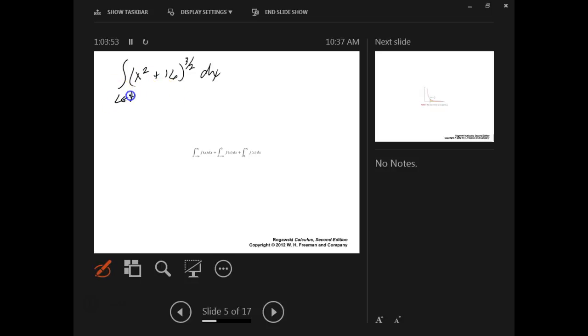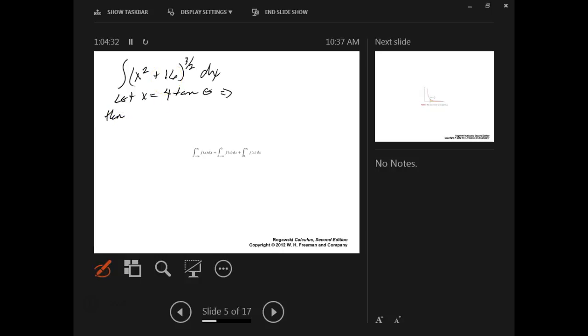So let x equal, and what were you going to say it was? Four tangent theta. Okay? Good choice. Now you've got a couple of things you can do. You can go either direction here.